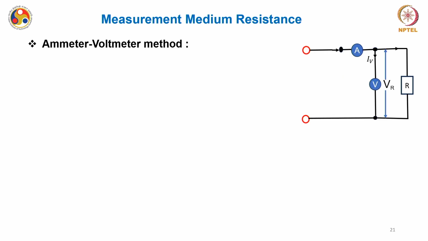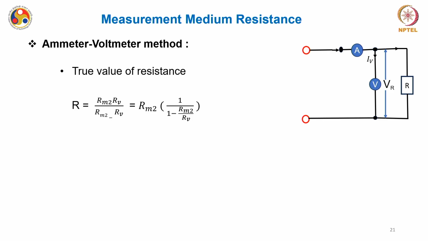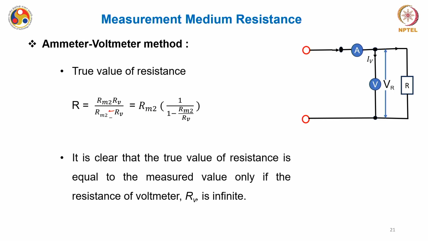So, if I have to find the unknown resistor, or the true value of the resistor, I have to rearrange this expression, and R will be equal to RM2, the measured value of resistance, into RV divided by RV minus RM2, okay. Or if I simplify this further, I can write R equal to RM2 into 1 by 1 minus RM2 by RV.